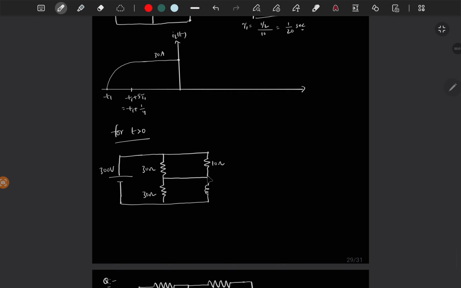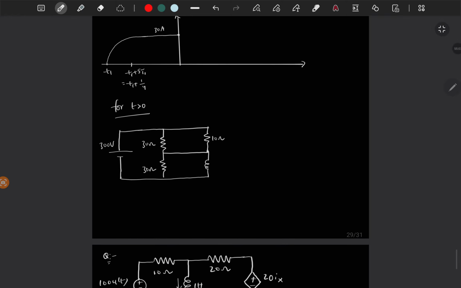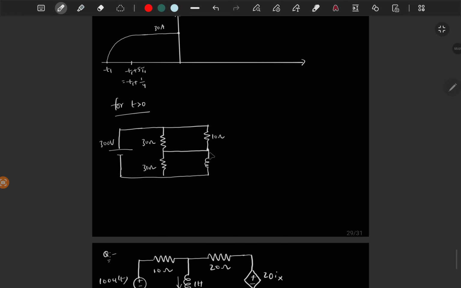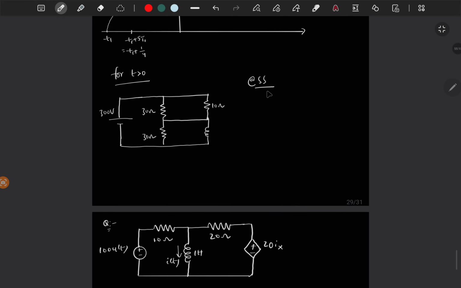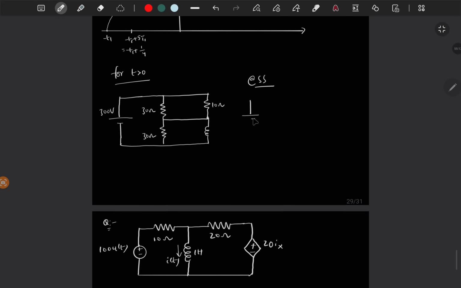Okay, so at steady state this will be short circuited, right? So at steady state if you draw, then this is completely short circuited path. So if this is short circuited across these two terminals, we have this short circuit.